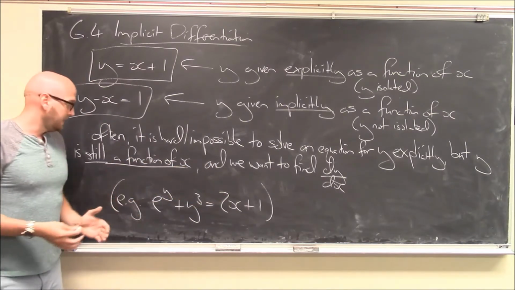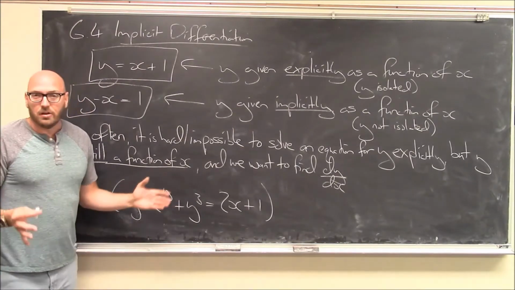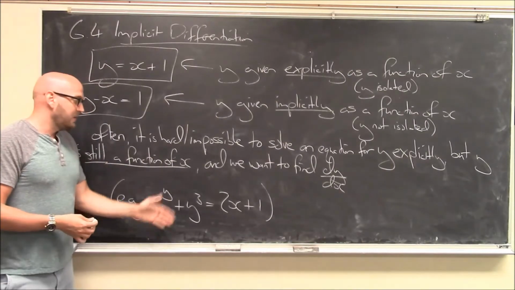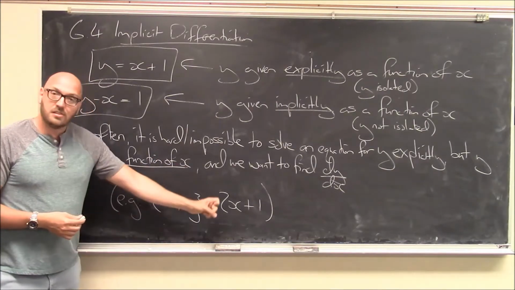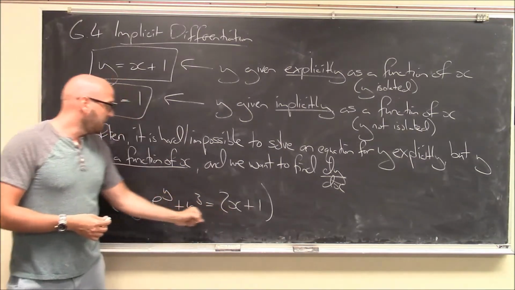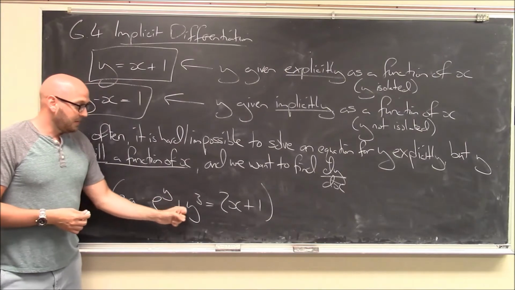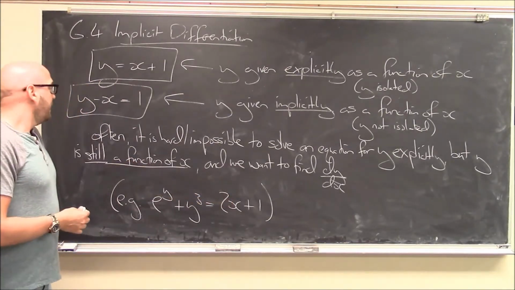It's just too hard to do. In fact, I believe in this case it's simply impossible. Sometimes it's hard and you don't want to bother, but sometimes it's just straight up impossible. But even so, written as this is, y is still a function of x. You plug in a value for x, and that outputs the y value that satisfies this equation.